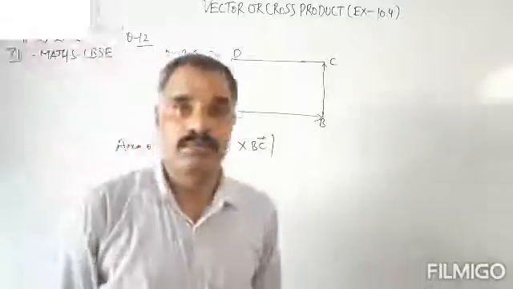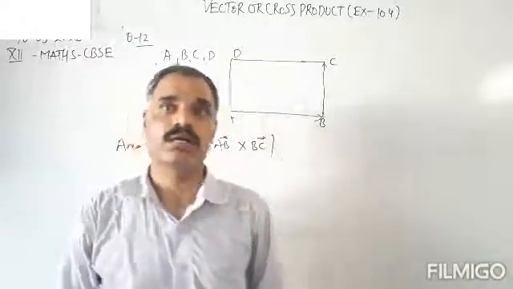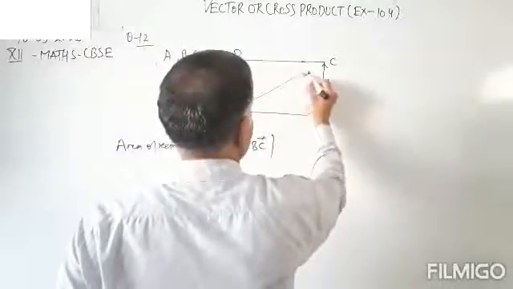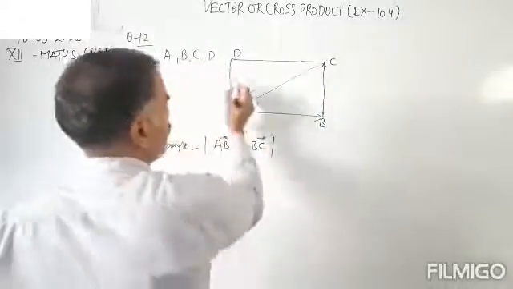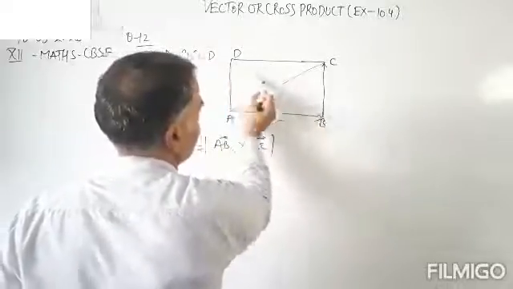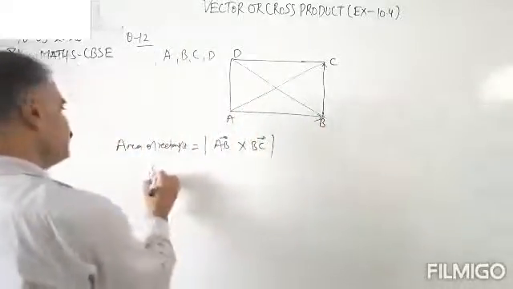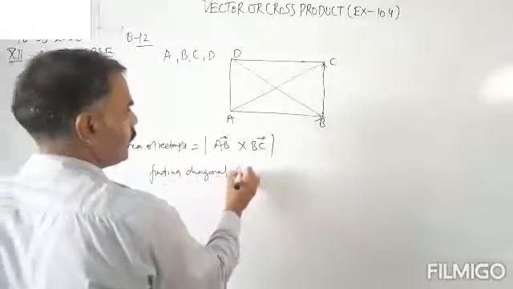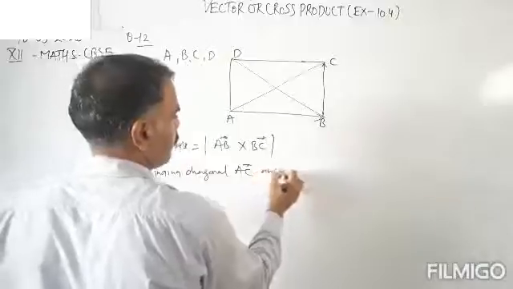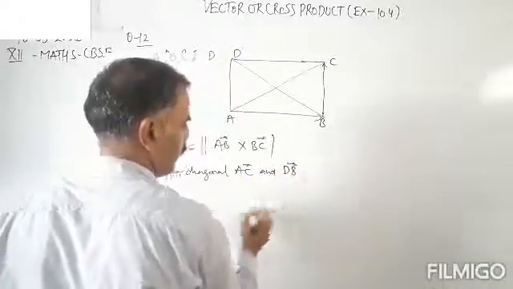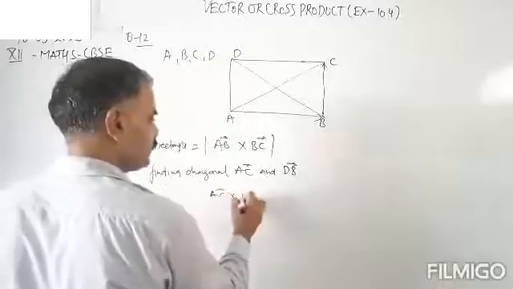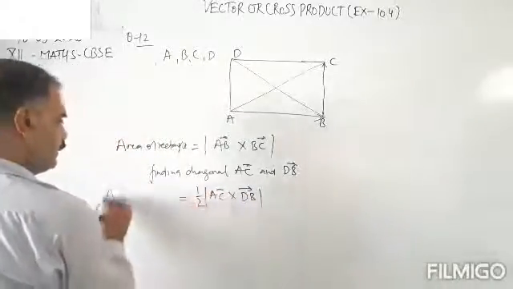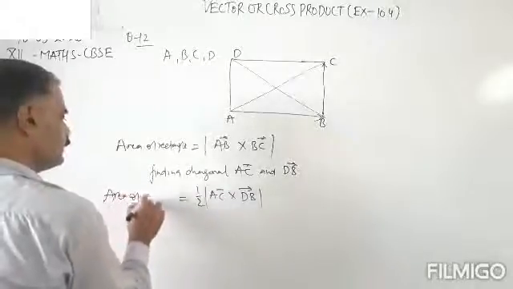But we can use another formula: we find the diagonals, AC vector and DB vector. Then AC vector cross DB vector, and its half is the area of the rectangle.